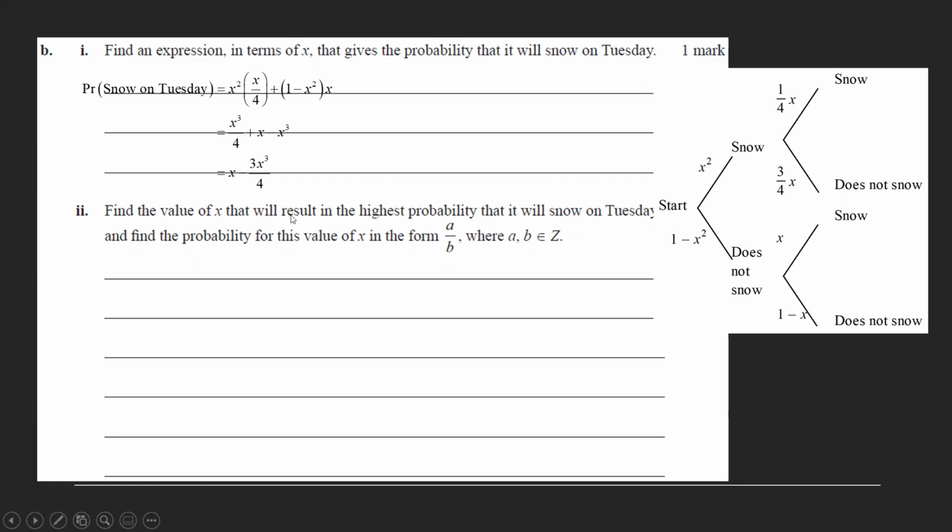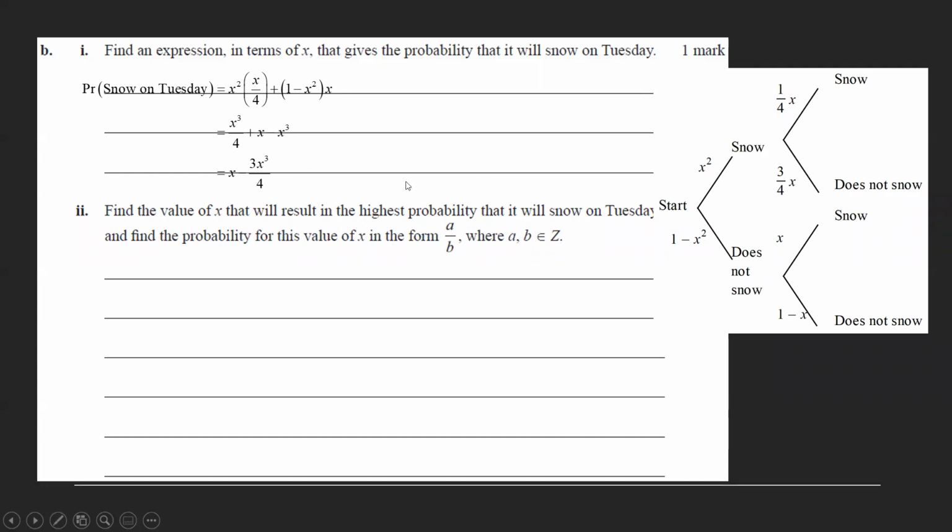Find the value of x that will result in the highest probability that it will snow on Tuesday. Okay, it's referring to this probability from the previous part, and find the probability itself for this value of x in the form a over b, where a, b are integers.